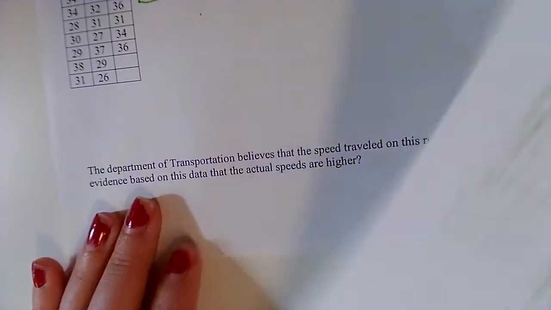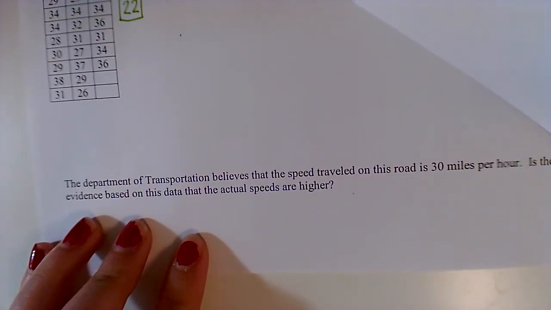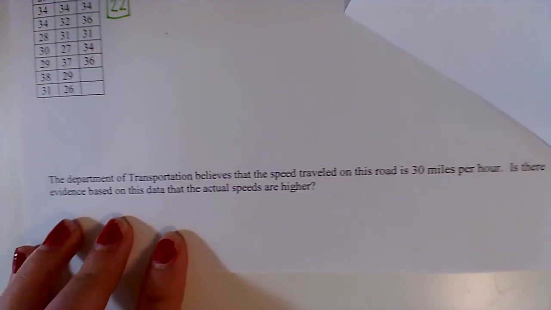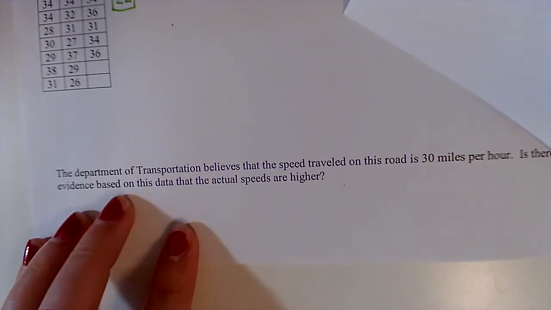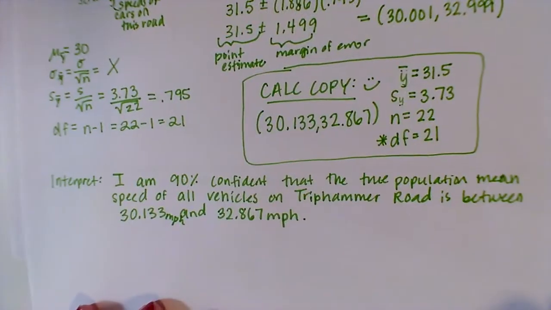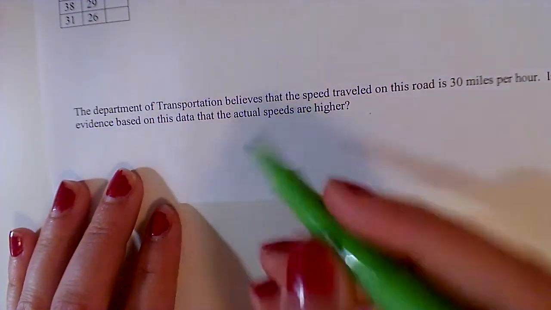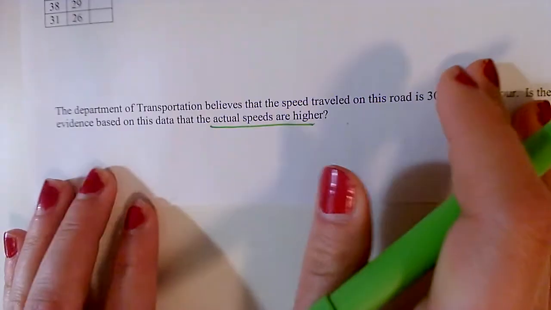Now there's a quick question. We're just going to do this quick question together and then we're done. The Department of Transportation believes that the speed traveled on this road is 30 miles per hour. Is there evidence based on this data that the actual speeds are higher? Interesting. Okay, so here's my data. I just want to know, is there actually evidence to show that the actual speeds are higher?